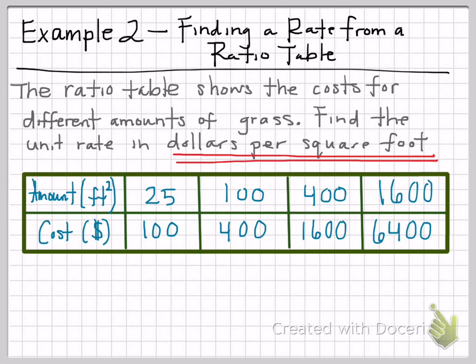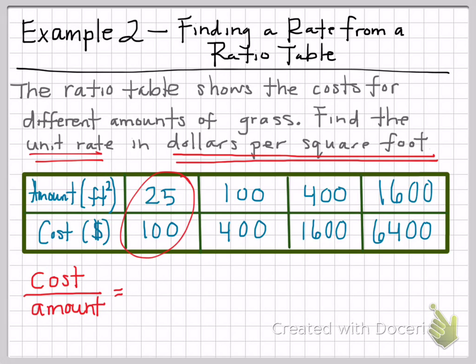So let's go ahead and find the unit rate in dollars per square foot. Okay, so we're going to find the cost, dollars, per square foot, which is the amount. So the cost over the amount. Dollars per square foot. And we can just take any one.